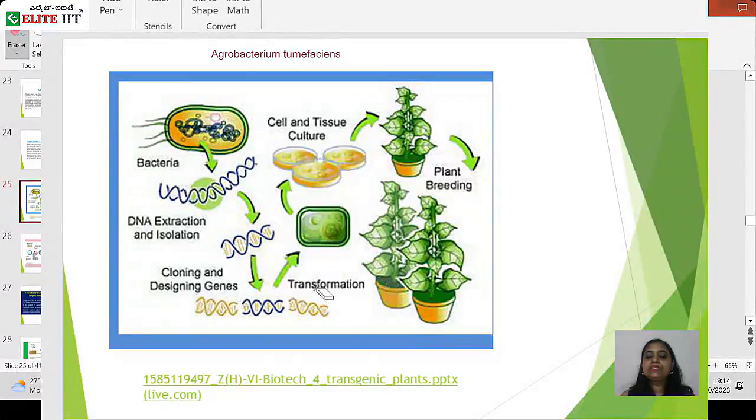Now transformation into the plant cell, and cell and tissue culture, and you can get the plant breed with new expression. Right? Whatever you have inserted, there will be gene expression for that gene. Okay, understood this thing? How genetic engineering is done. This is the overview.